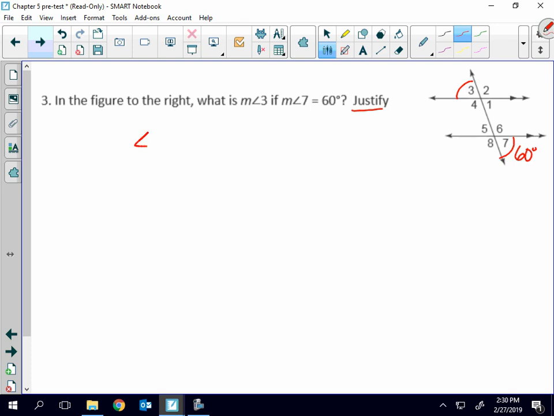So angle 3 is 60 degrees. And to justify, I'm going to point down here to give a reason. We need a vocabulary word. They are alternate exterior. Okay, they're both outside the parallel lines.